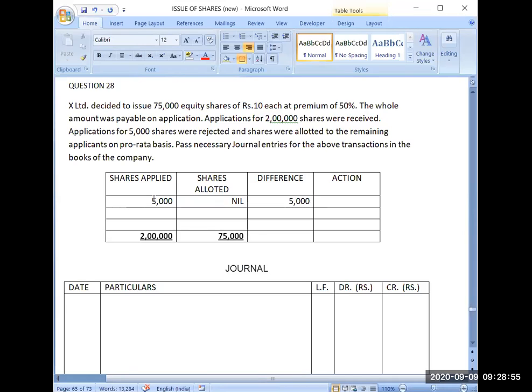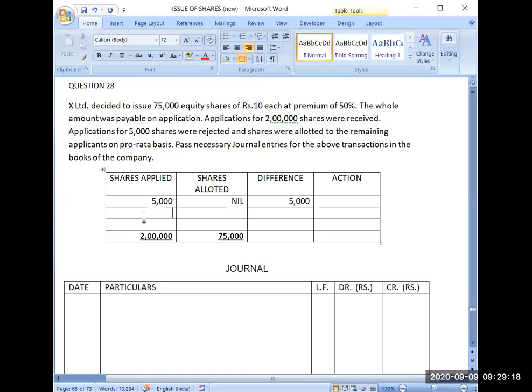Okay. Now see this point. Shares were allotted to the remaining applicants on pro rata basis. So now tell me the number of applicants remaining. How many applications are remaining? Yes, very good.